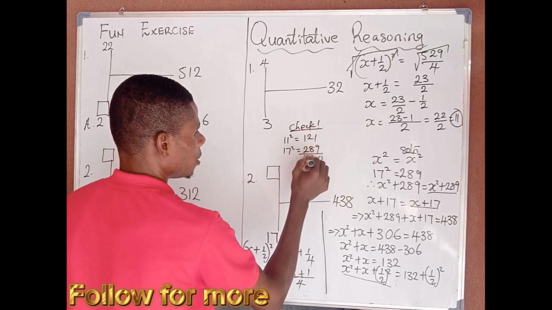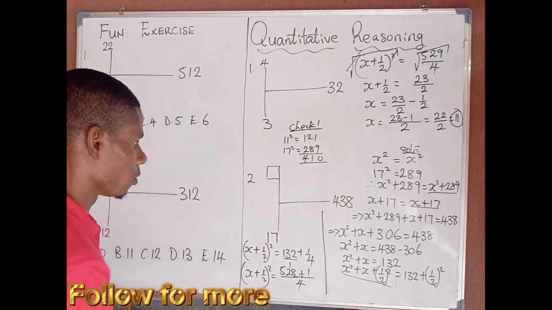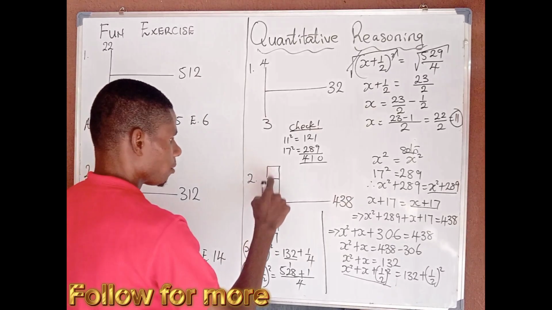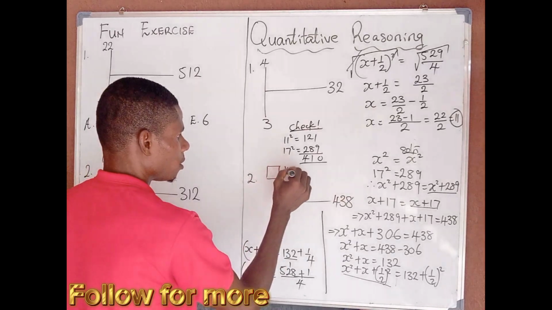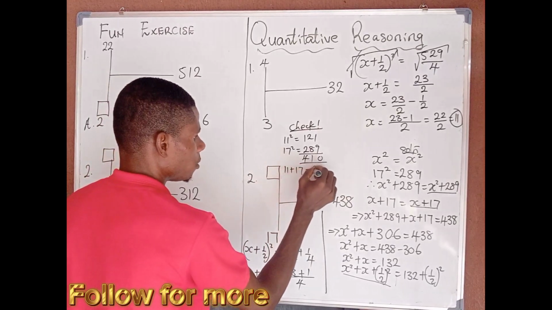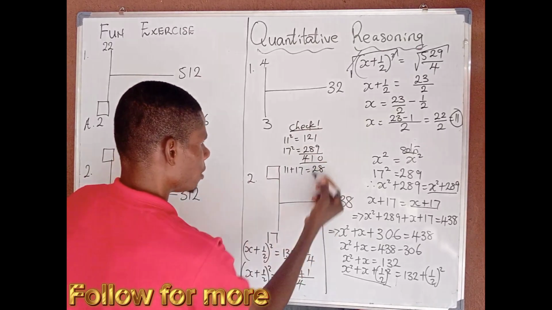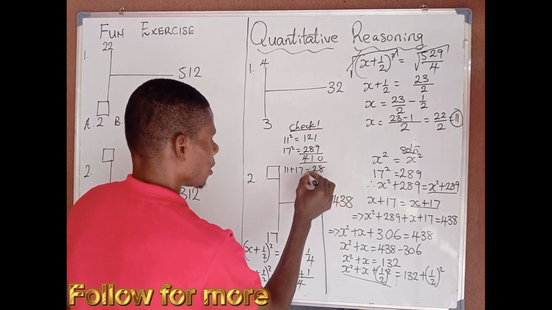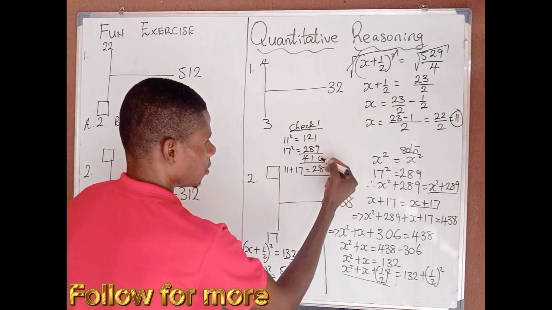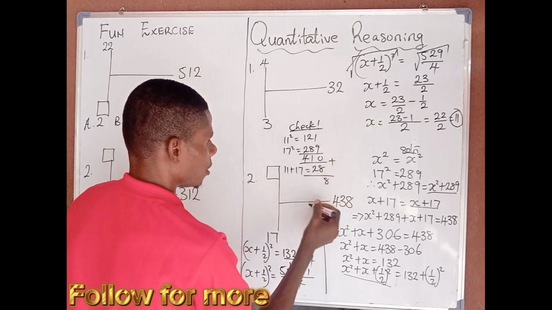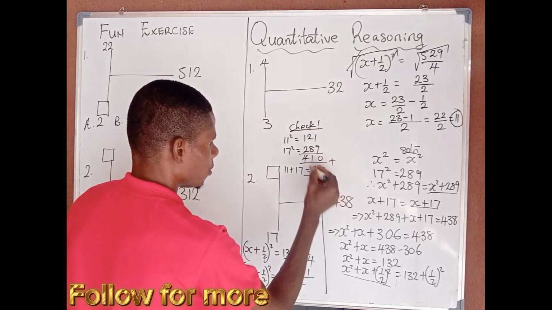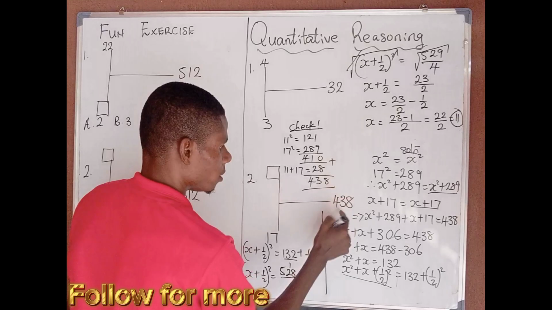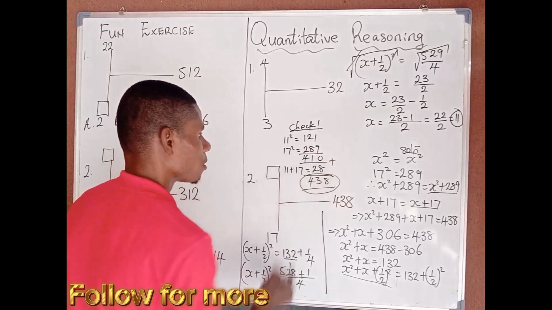Put down, here is 4, 4, 10, okay? So let's add these two again. 11 plus 17, here is 28. If we add these two, will that give us this? Okay, let's check. We're adding now. 0 plus 8 is 8. 1 plus 2 is 3. We bring down 4. So it gave us this. So we are correct. All right.